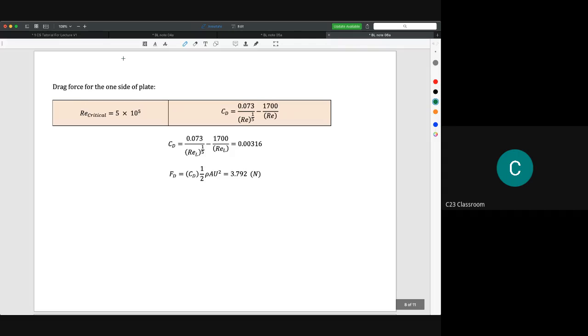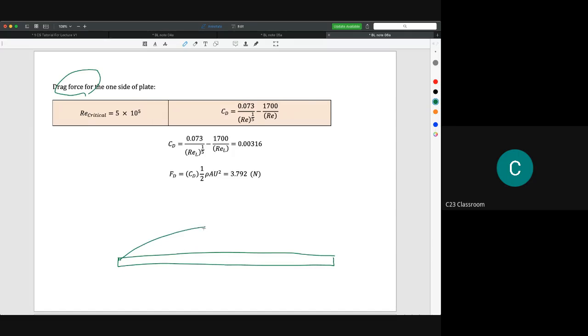For drag force, drag force is something else. Why? Because we have a laminar boundary layer here, and then it starts to turn turbulent here, and we calculate the imaginary starting point of turbulent at this point.